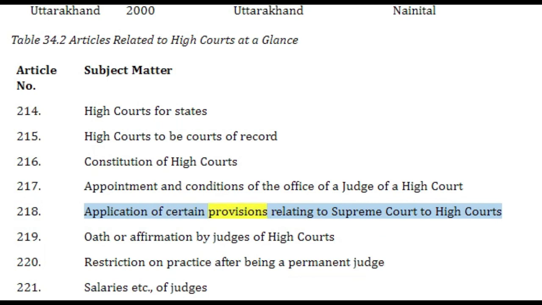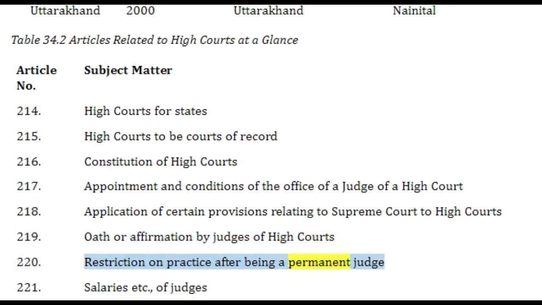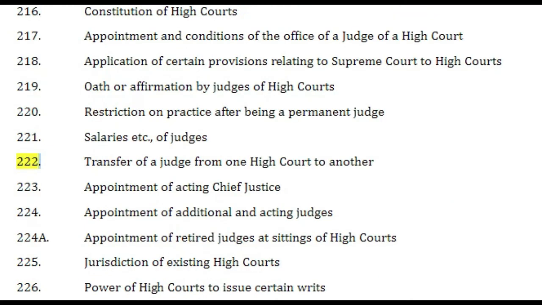Application of certain provisions relating to Supreme Court to High Courts. 219. Oath or affirmation by judges of High Courts. 220. Restriction on practice after being a permanent judge. 221. Salaries etc. of judges. 222. Transfer of a judge from one high court to another.